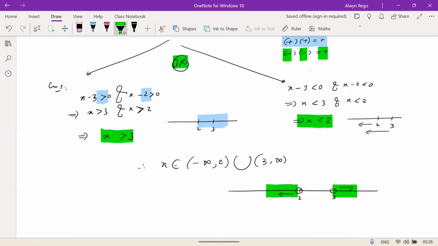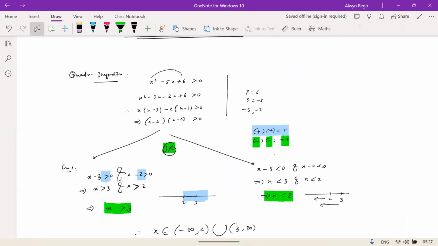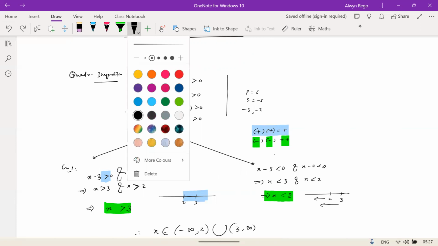So these are the places you get solutions. If you had to plug in a value between 2 and 3, supposing you plug in, let's say, 2.5 into this inequality, you will find that the inequality is not satisfied.